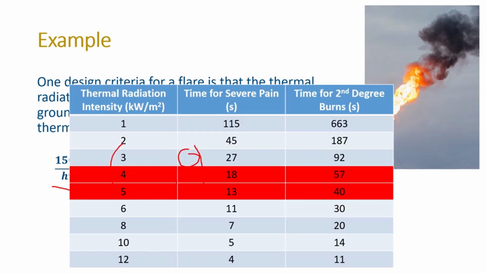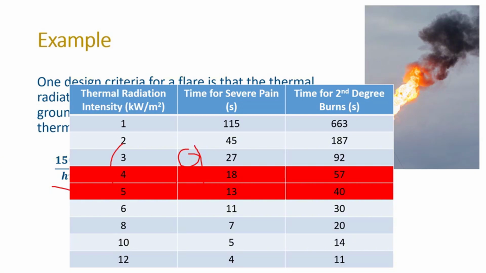So looking at our chart, what we see is we are between 4 and 5, closer to 5 kilowatts per square meter. We could interpolate here between the plot, but we see that the effect on the worker is that we'd have a time to severe pain for our workers in the vicinity that would be between 18 and 13 seconds, and the time to second-degree burns would be between 57 to 40 seconds.